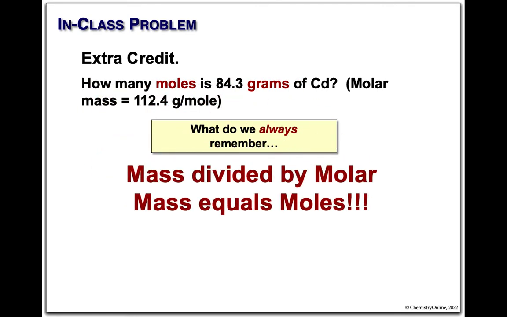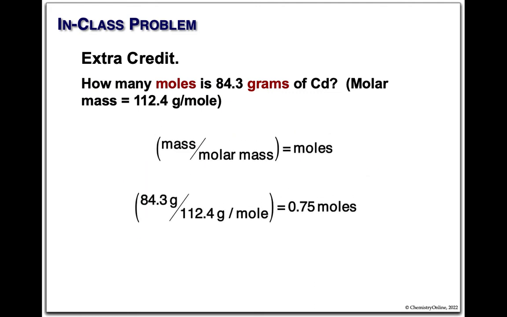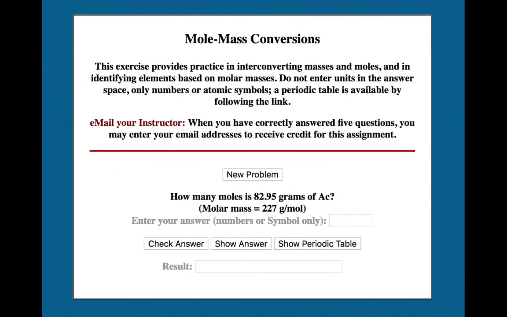Mass divided by molar mass. That gives 0.75. Once again, this comes from the simple tutorial. Mole mass conversions, how many moles, so many grams of whatever.